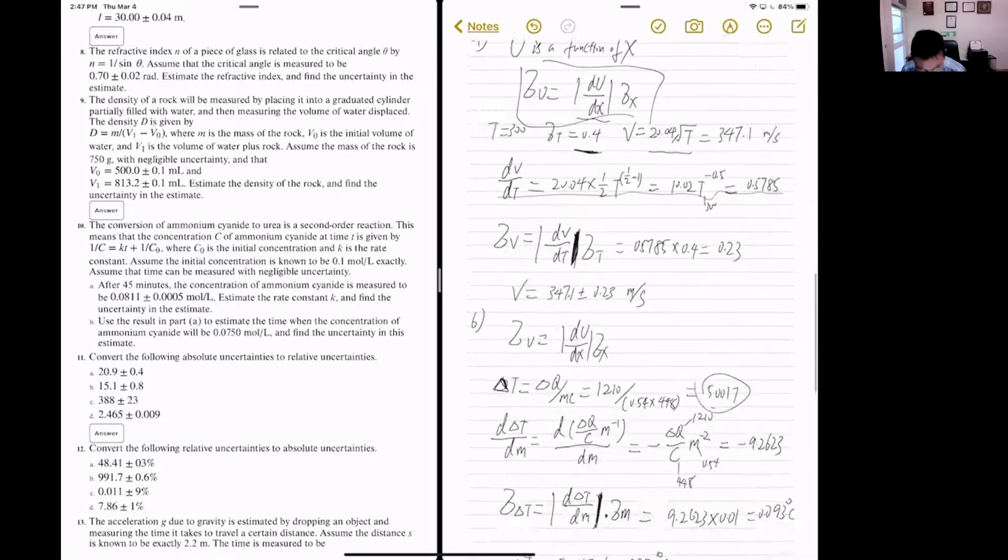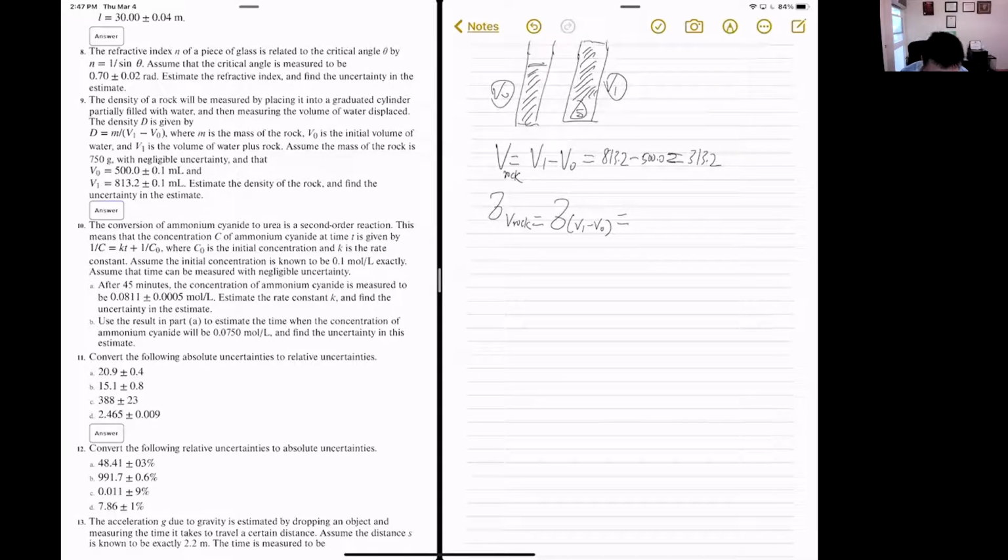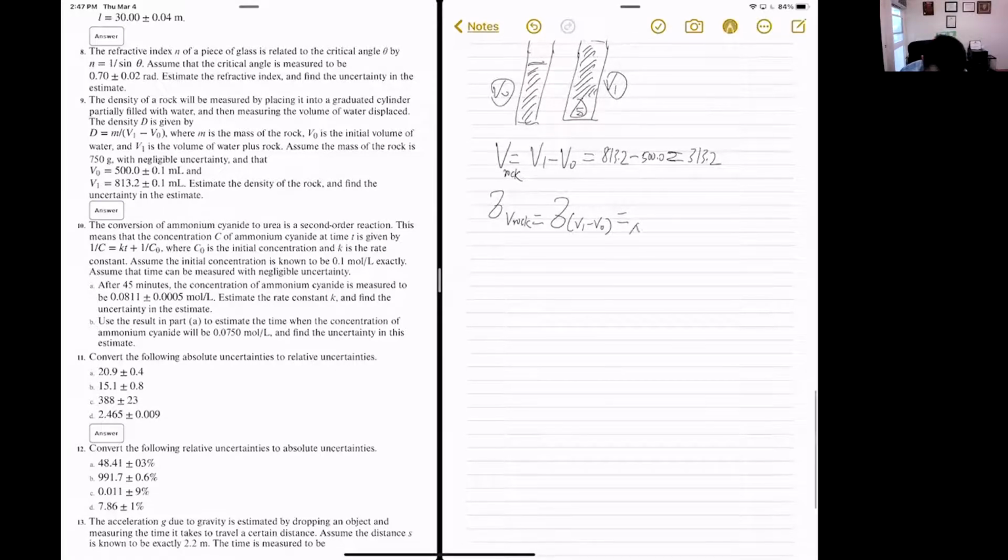Using that equation, because the constants are 1, it is just equal to sigma V1 squared plus sigma V0 squared, since 1 squared is 1.